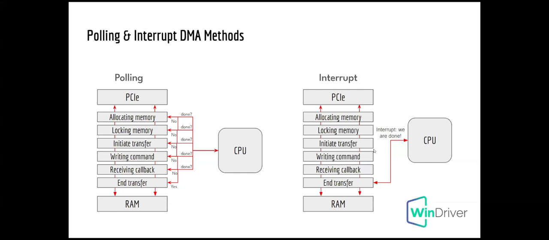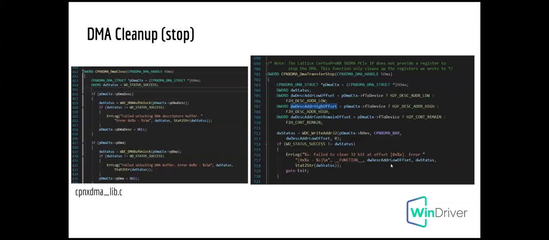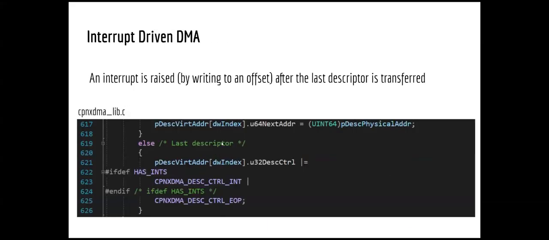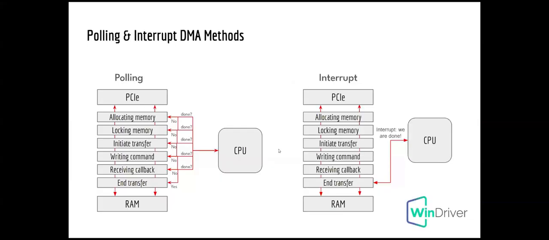And we have the interrupt-driven DMA, where the DMA takes place, and when it is done, the CPU is informed we are done by raising an interrupt, which is much more efficient in a lot of ways. So once the last descriptor ends, an interrupt is raised and the DMA is completed. So this is an interrupt-driven DMA we are talking about.